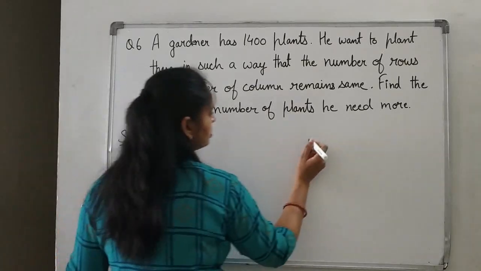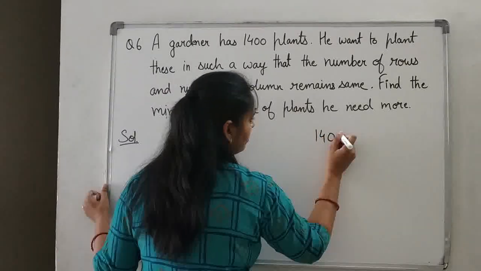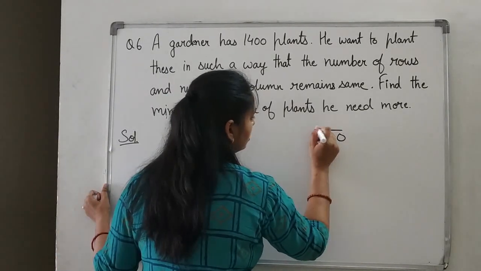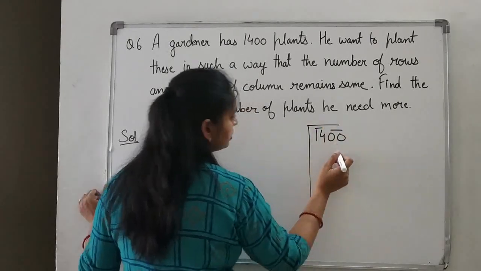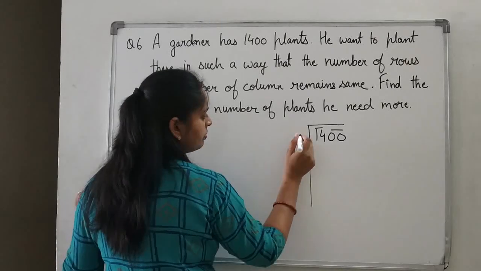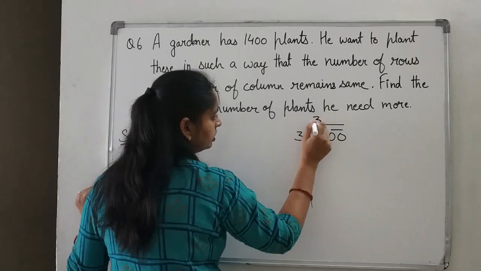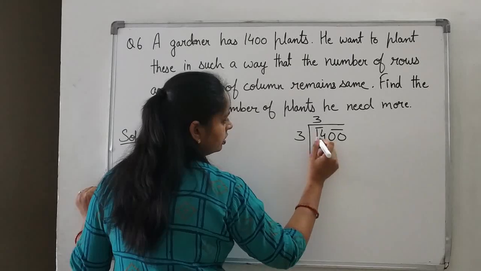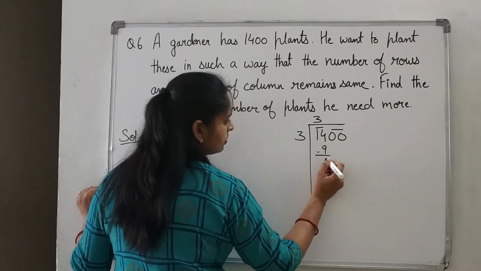So what is the process? You know what to add? We have to go for the nearest square to this. What is the nearest square root for this? 14 is there, so 3 3s are 9 will go. 14 minus 9 will give you 5.